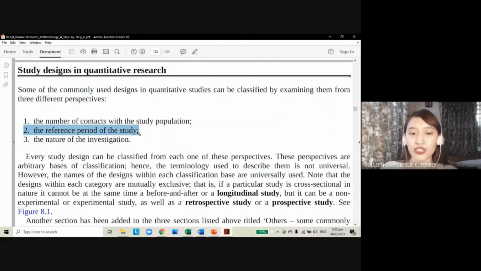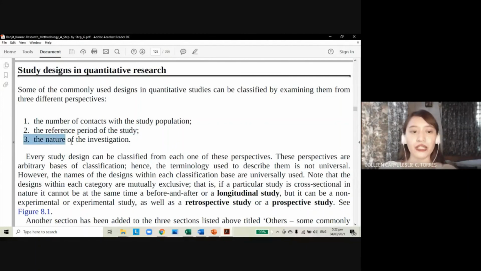There are types of research designs wherein the researcher would reference a time in the past, a time in the present, and or the researcher would try to predict a phenomenon in the future based on present information. Those are the ones we mentioned earlier, retrospective data, looking at past data.